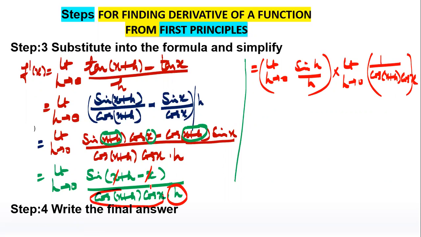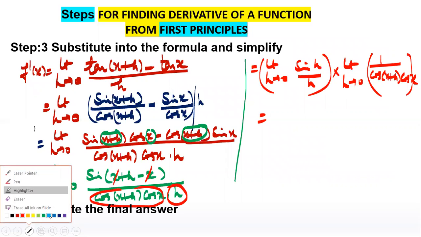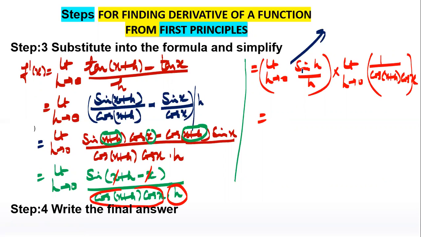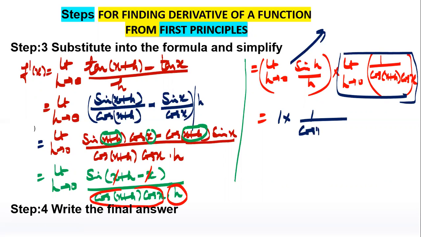And we know its formula. Its value is 1 into, by computing the limit, it will become cos x into cos(x+0), that is cos x into cos x, that is 1 upon cos square x, that is sec square x.